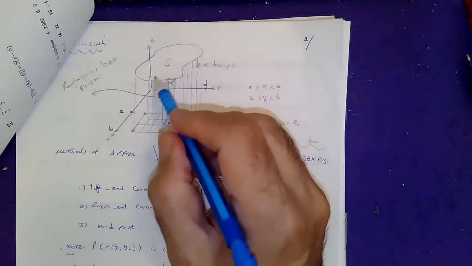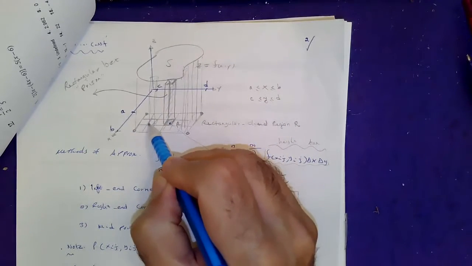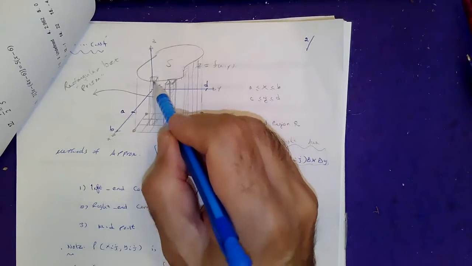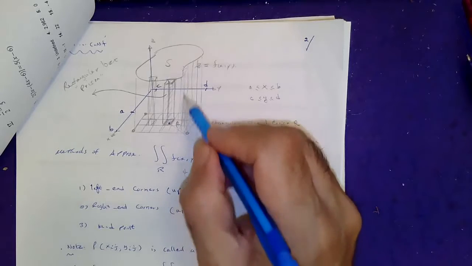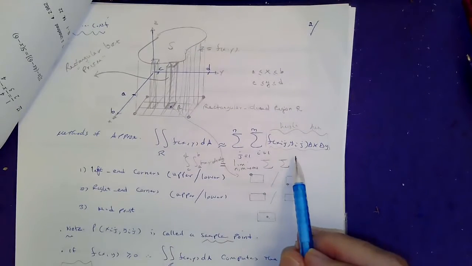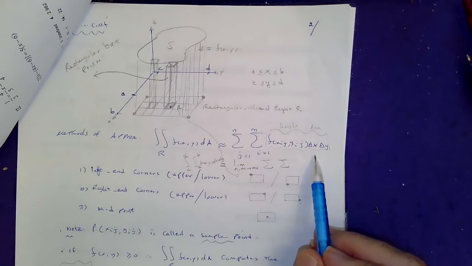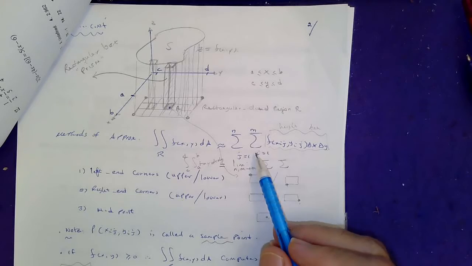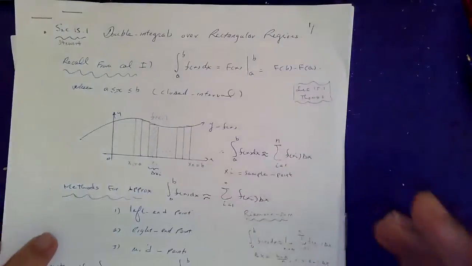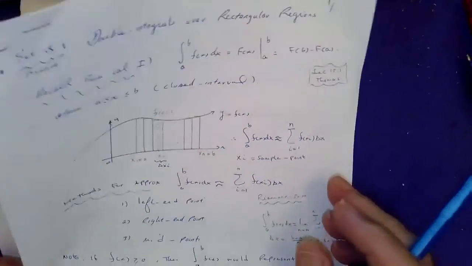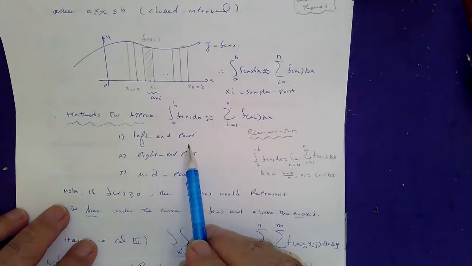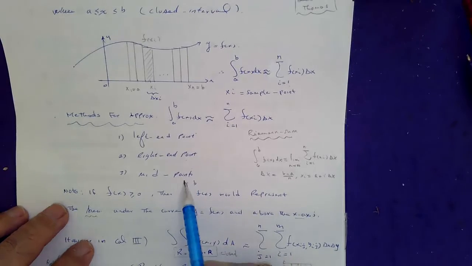So when you continue doing this for every little sub box, you get a rectangular box, and you add the volumes of all these rectangular boxes. So then you will have a double sum. This would be a double Riemann sum. Remember, in the single variable case, you approximated the definite integral using the left endpoint, right endpoint, or midpoint.